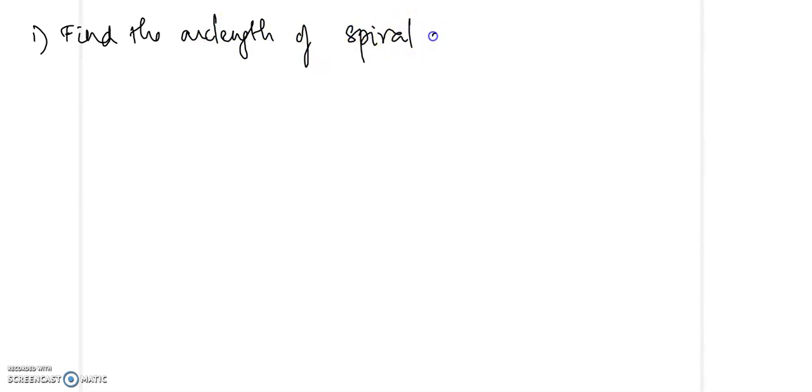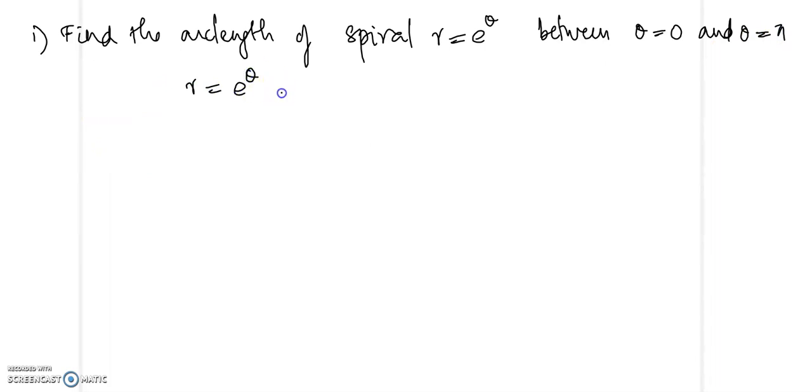on finding the arc length. So find the arc length of the spiral r equal to e raised to theta between theta equal to 0 and theta equal to pi. So we have r equal to e raised to theta.